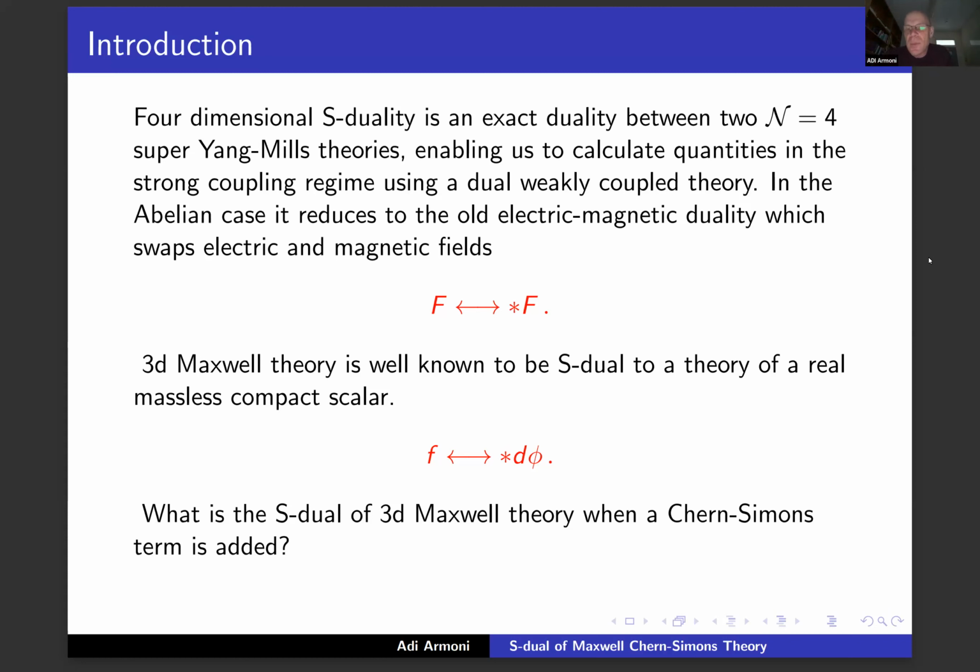We can speak about S-duality, and again in the abelian and the bosonic case without supersymmetry, what we observe is that the field strength F is replaced by star d phi, namely that Maxwell theory is equivalent to a theory of a compact scalar, and that's it. Counting the degrees of freedom, it makes sense: a free massless scalar.